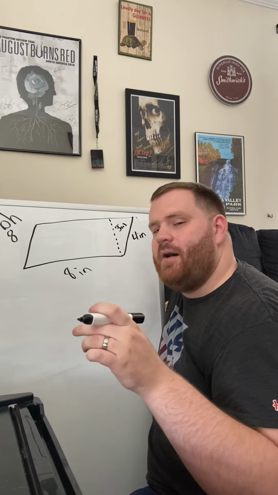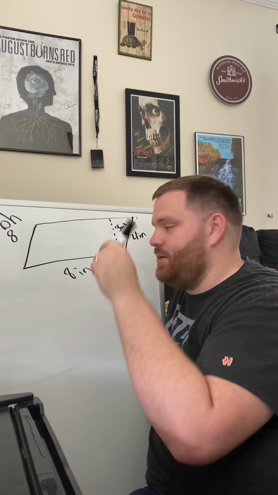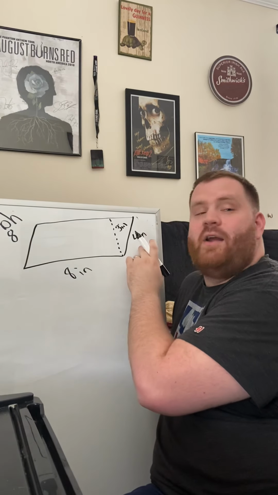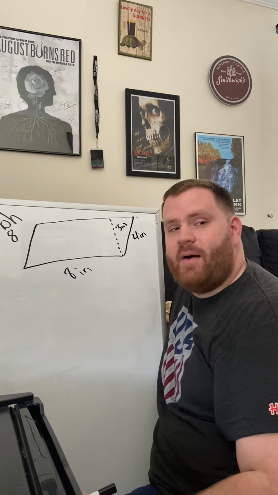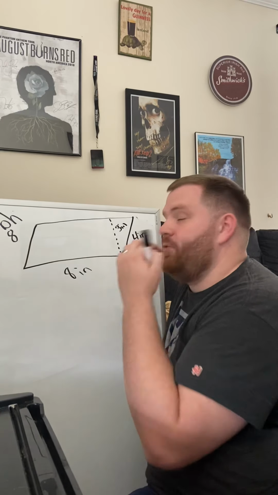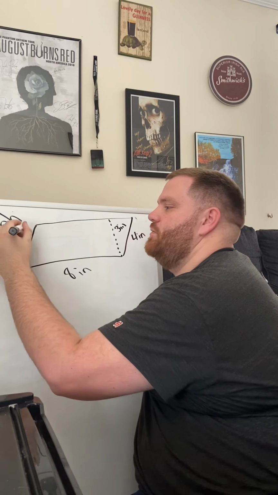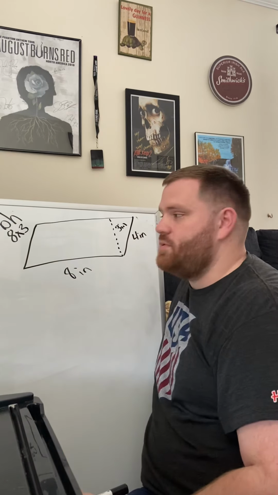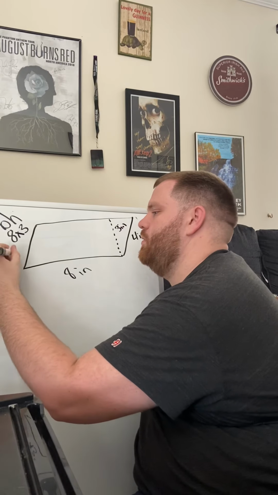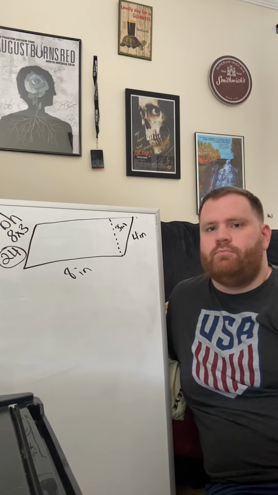If you remember what I said about height, it's measured going straight from the bottom to the top. 4 is going at an angle. 3 is going from the bottom straight to the top. So 3 will be my height. Base 8 times height 3. 8 times 3 is 24. That's my area. Boom.